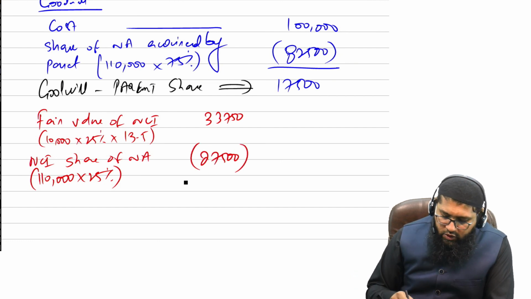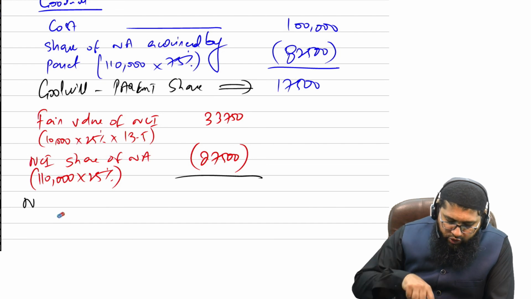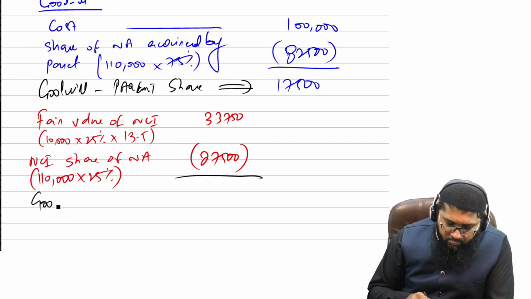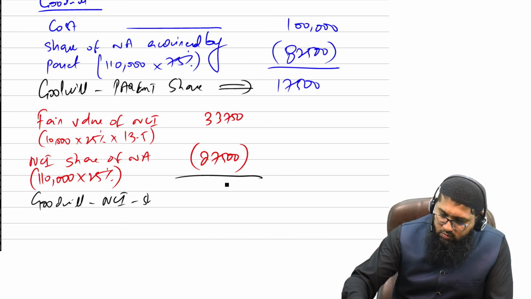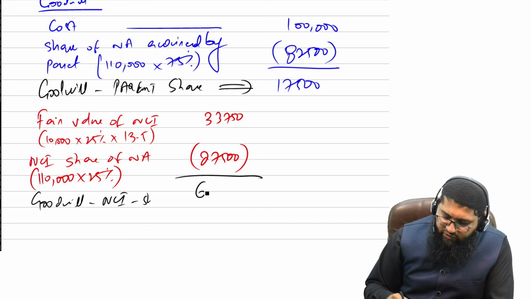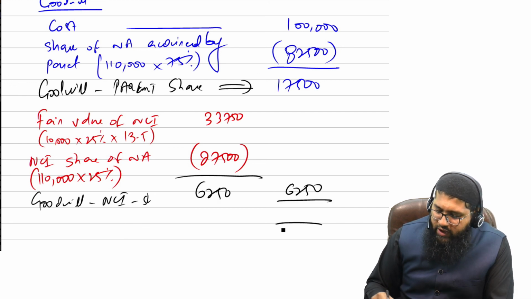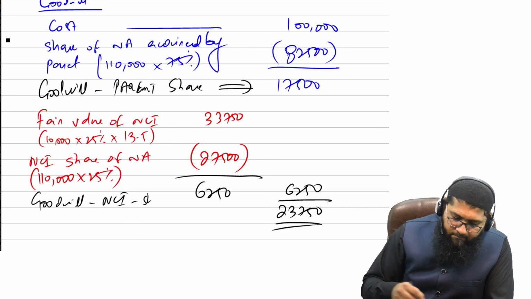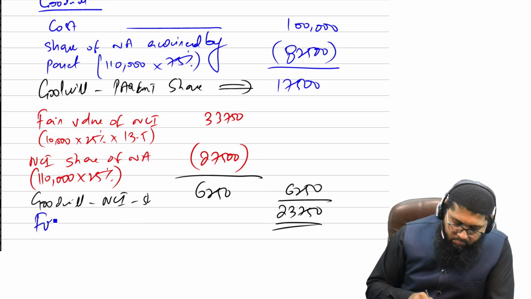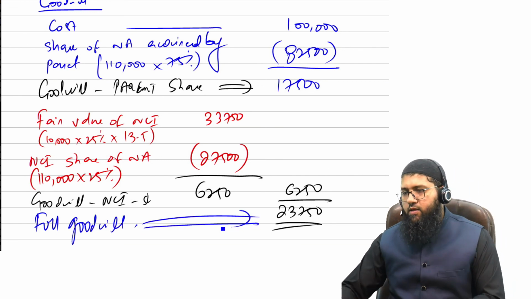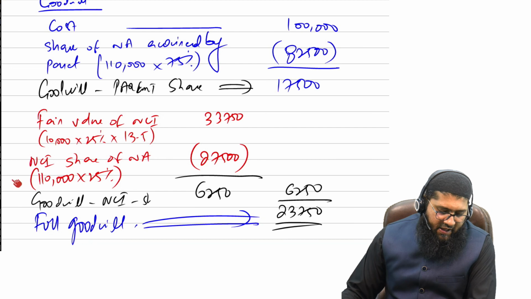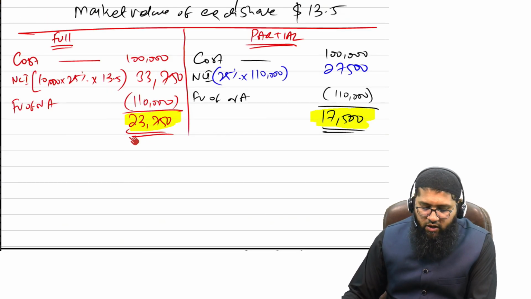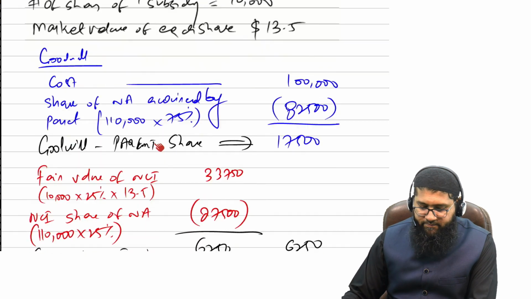You get it? So this is going to be goodwill NCI share. Gives you 6,250. Now when you add up both of them, you end up getting full goodwill. This is the logic of this full goodwill.